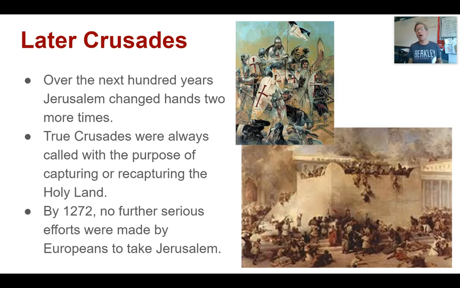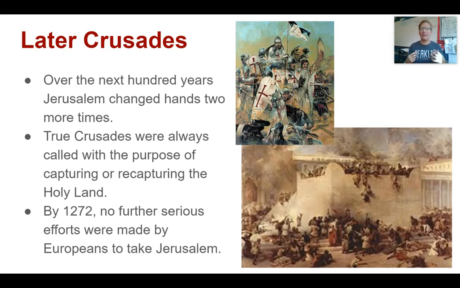Later Crusades, there are 3 more major ones and a bunch of little minor ones that we are not going to waste your time with. But just know that over the next 100 years, Jerusalem does change hands a couple more times. The true Crusades, the one that we label as Crusades, are always called with the purpose of capturing or recapturing the Holy Land. A crusade was to capture or recapture Jerusalem.